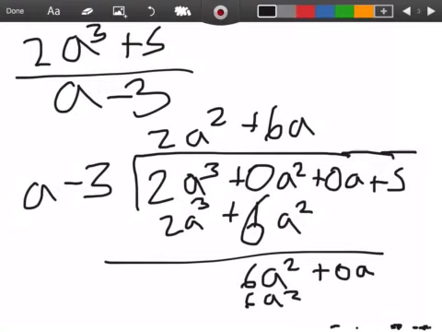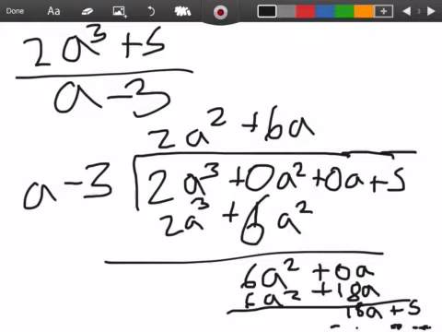And then 6a times negative 3 is minus 18a. And then if we subtract it, it's plus. And then we would get 18a plus 5. And 18a divided by a is plus 18.